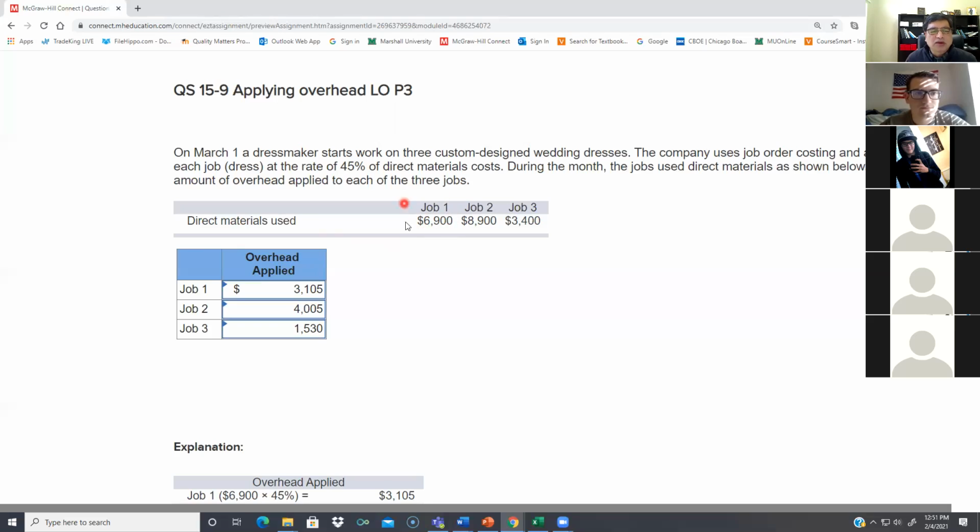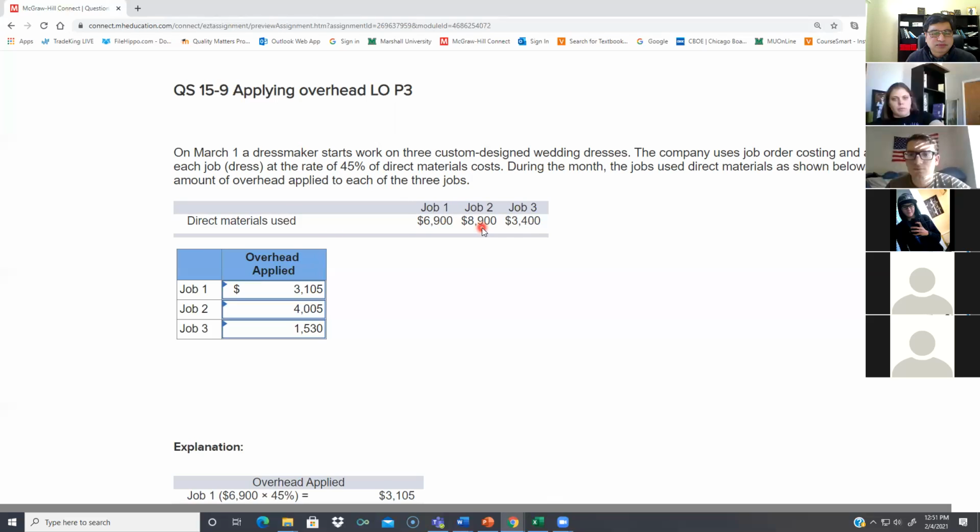So what will be the overhead applied for job 1? The direct material used for job 1 times 45%. Yeah, so 6,900 times 45%. For job 2, it would be the same, multiply that by 45%, so 8,900 times 45%.